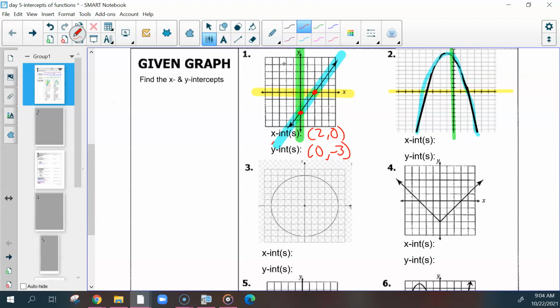I think it's different on the paper. Yeah, on ours it's -2. I don't know why that's different. Okay, but yes, yours is at -2. And then, so -2, 0, and 1, 0.